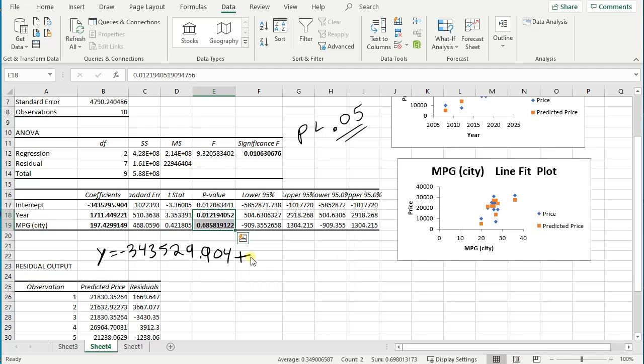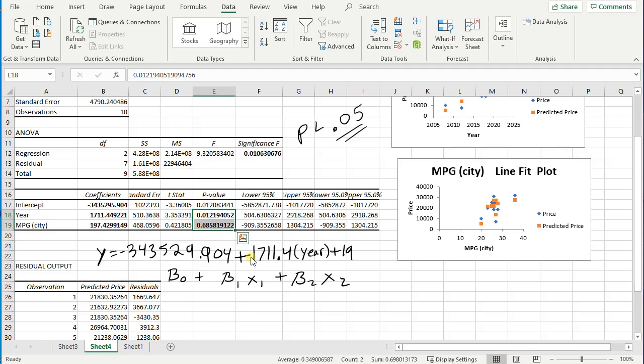Plus, it goes beta 0 plus beta 1 x1 plus beta 2 x2. So beta are these coefficients. So 1711.4, I'm going to round that, times year. Instead of writing x1, I'm going to write year. You could also write x1, doesn't matter, same thing.